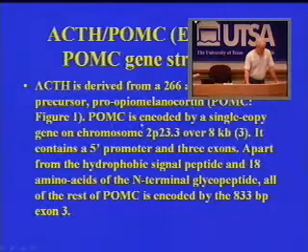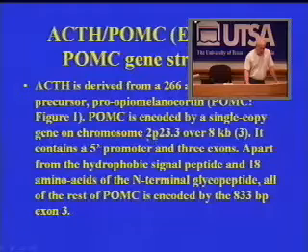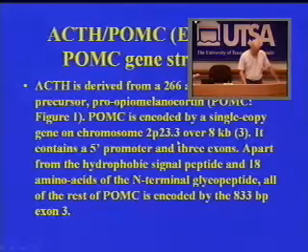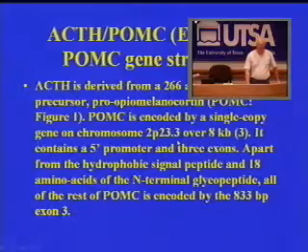So the pro-opiomelanocortin is encoded by a single copy gene on chromosome 2p23.3. I'll never ask you to remember this, but if the chromosome number is included, sometimes I'll ask you to remember that information.